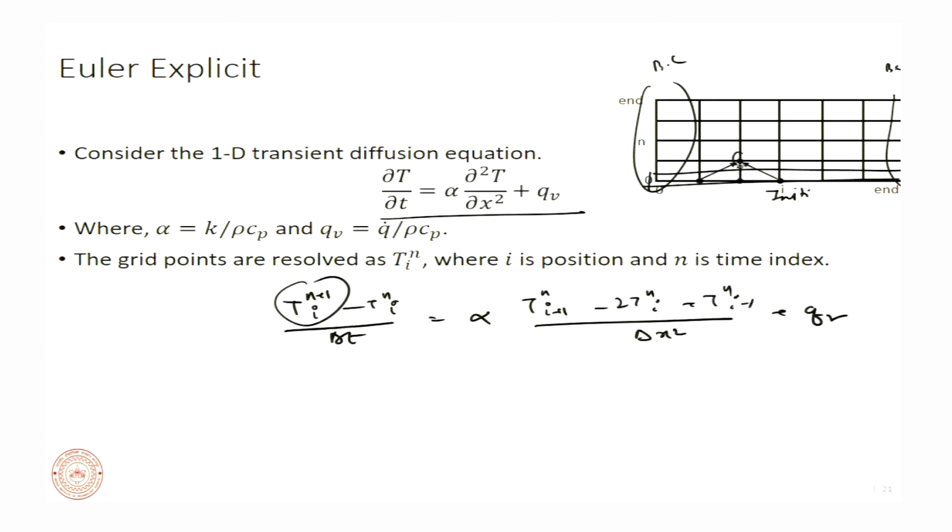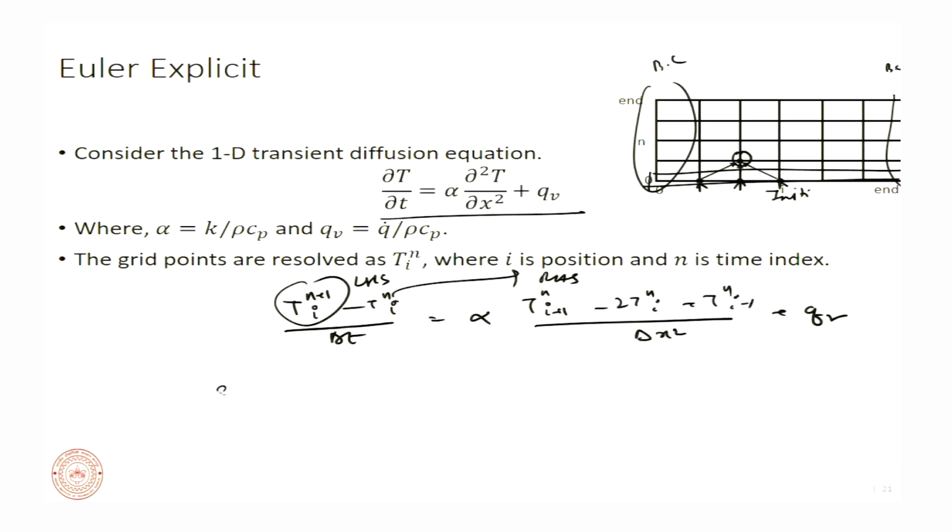Say this is our point T n plus 1 at I. What do we need? T n of I, that is this value, I plus 1 is this value, I minus 1 is this value. So, we just need the lower time step values to solve the upper time step, and we use this. We will just keep this to the LHS and take everything else to the RHS, and we will solve. We have our boundary conditions we will need to fix.